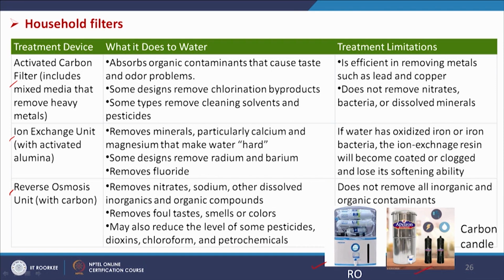All these filters are available, and people use them for the removal of different types of inorganic and organic impurities, and to control taste and odor. RO is very superior, it can reduce dissolved TDS even to 5 or 10 ppm, but that is not recommended, at least 100 ppm of TDS should be there for good health.